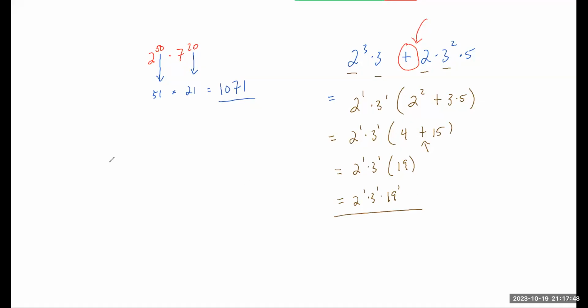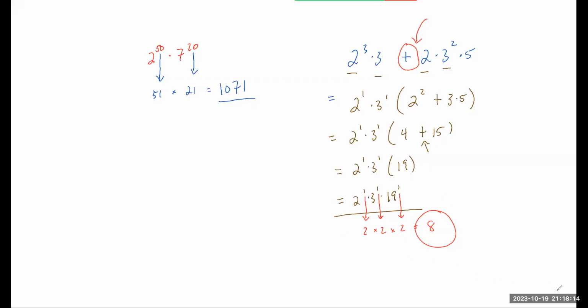If you wanted to find the number of divisors from this, then now at the end we could go down and say 1 plus 1 is 2, 1 plus 1 is 2, 1 plus 1 is 2, and 2 times 2 times 2 is 8. So this number has 8 different unique positive divisors.